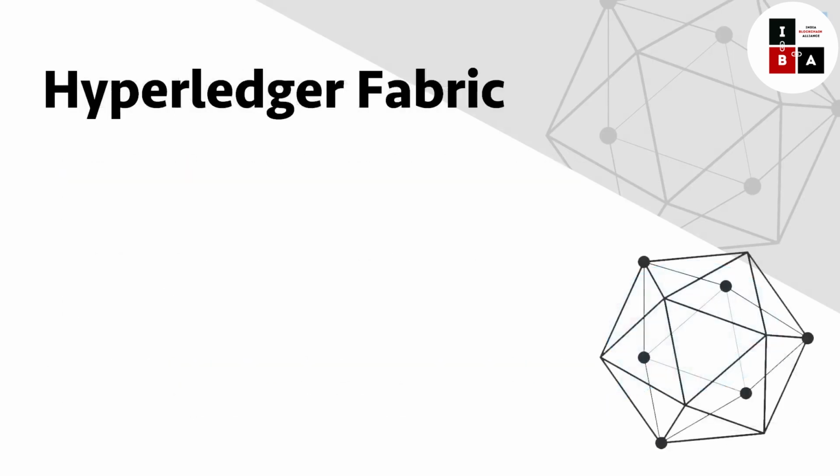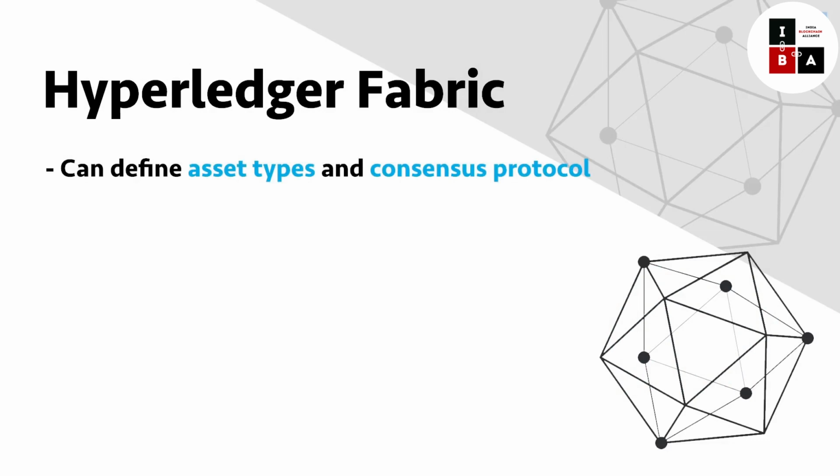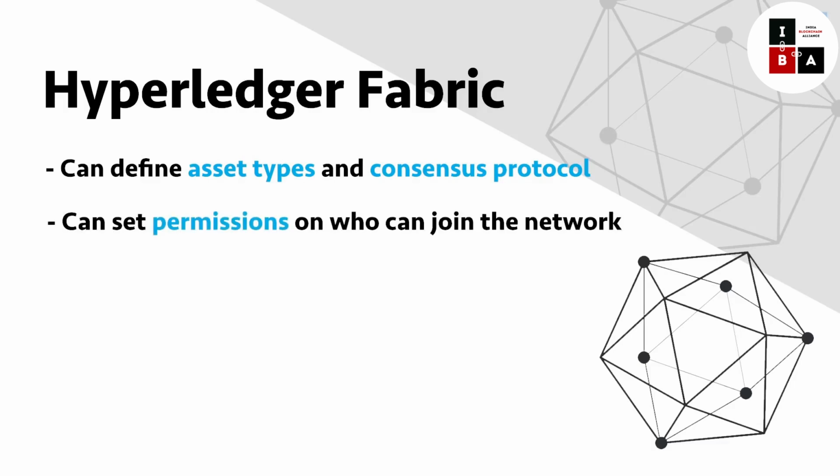To summarize, Hyperledger Fabric has a modular design that enables 5 core functionalities. Members of a business can define asset types and a consensus protocol for ordering transactions. They can also set permissions on who can join the network and what type of access each membership can grant.